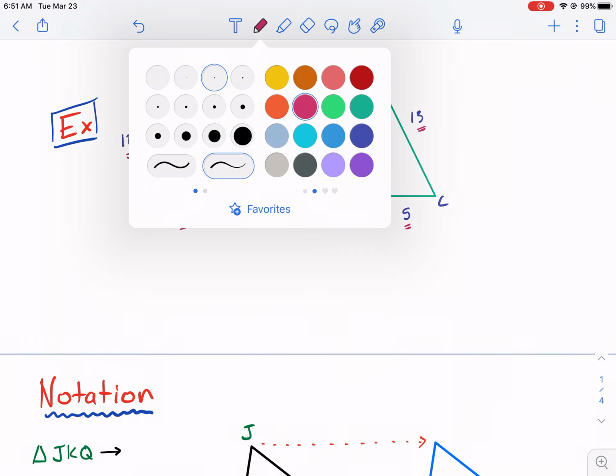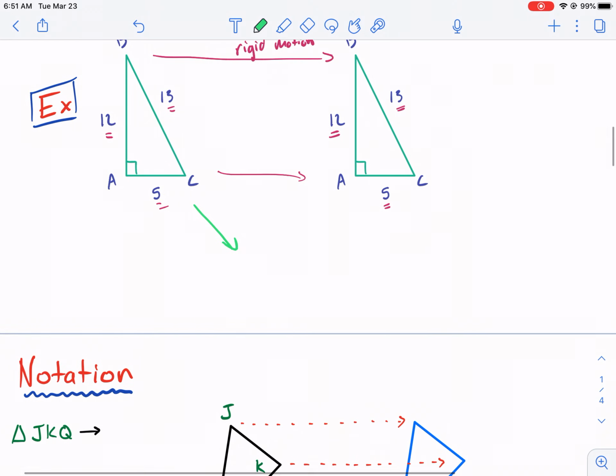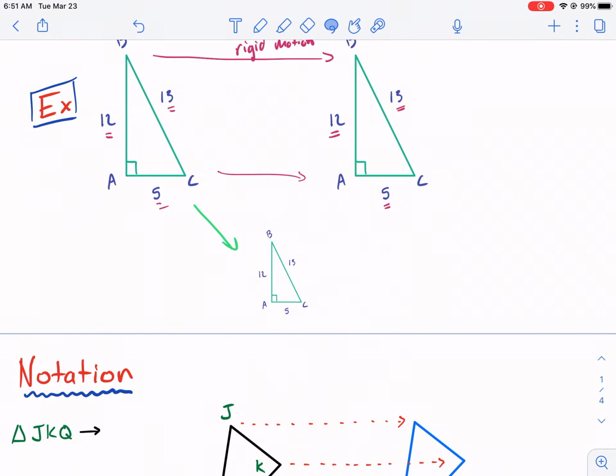You're probably thinking, okay, what the heck then is a non-rigid motion? Well, non-rigid motion would look like this. Let's say this slides, and then also it shrinks.